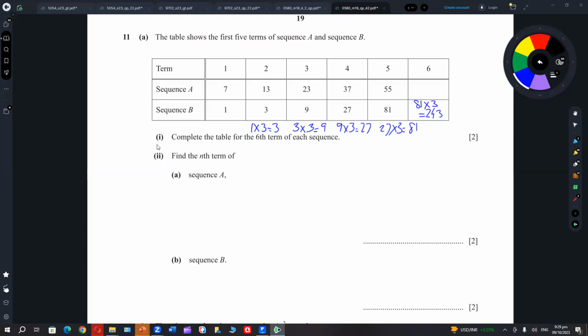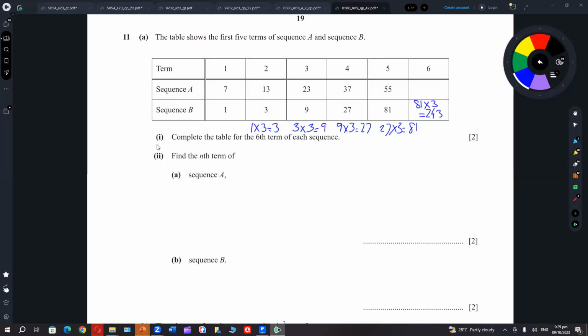Again, if we get a pattern, we're adding by 4.